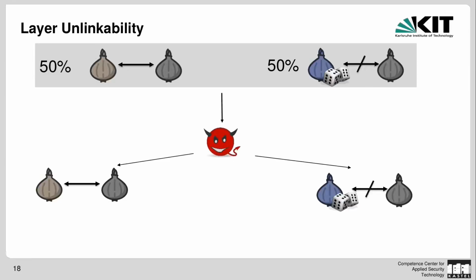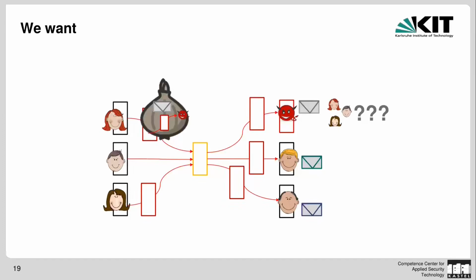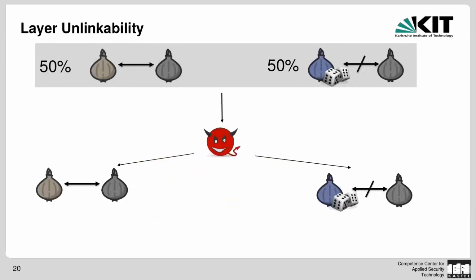So let's think about what else we wanted from our onion routing network. Well, we wanted to make sure that early onion layers cannot leak any information about the path or the message included after the honest relay. And let's look at layer unlinkability again. We actually already covered this, as our random onion layers would include a different path and different message than the communication that we have chosen in the beginning.